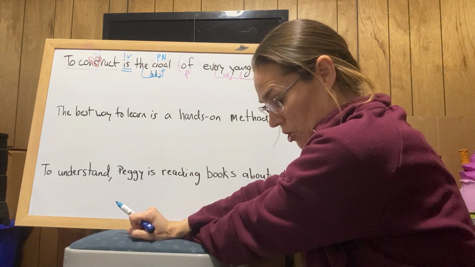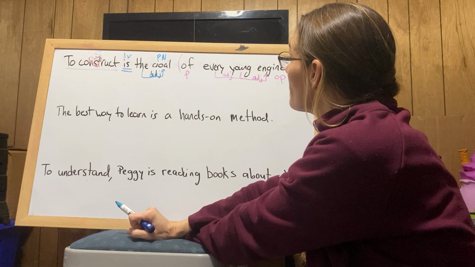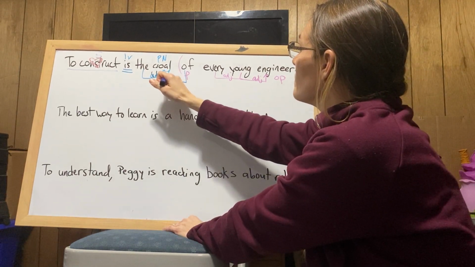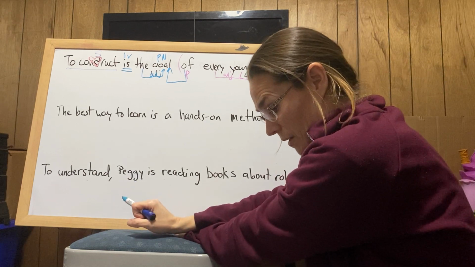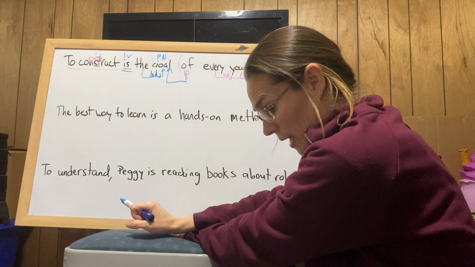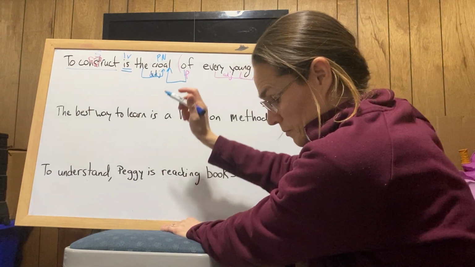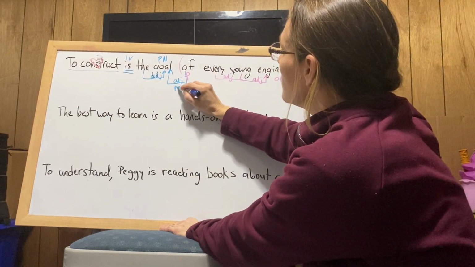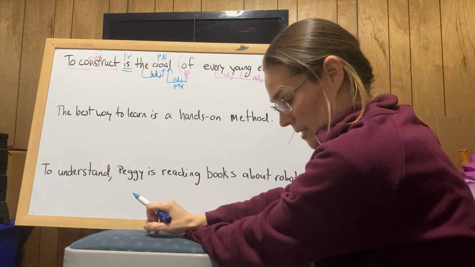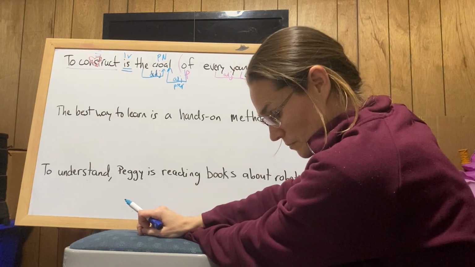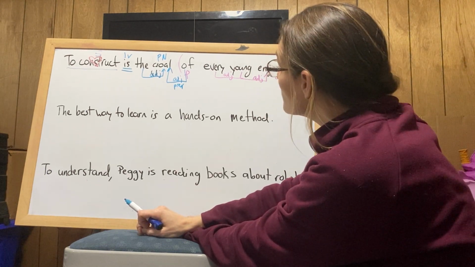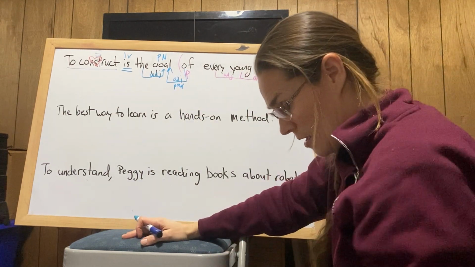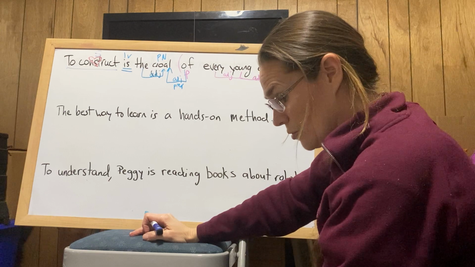Of every young engineer tells us what? What kind of goal? Yeah, it is saying what kind of goal. So it is an adjectival prepositional phrase. Okay? We already have that. That should conclude it. Now we're going to diagram it.